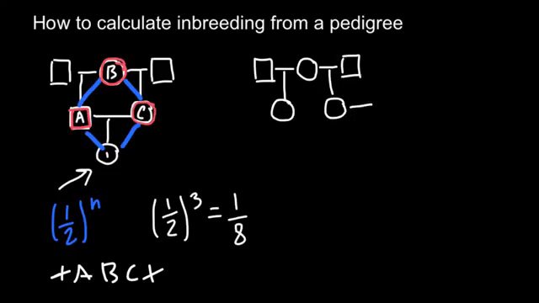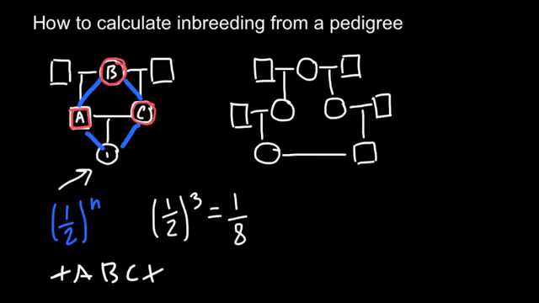Both of them would marry two males, of course, and in this marriage they would have a female, and in this marriage they would have a male, and these two people would also marry and have a male.